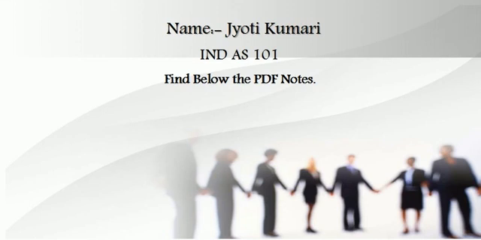In case of a transition, if the EIR, that is effective interest rate, can be determined retrospectively, then in such a case retrospectively restate the financial instrument and compute the carrying value by applying Ind AS 109.